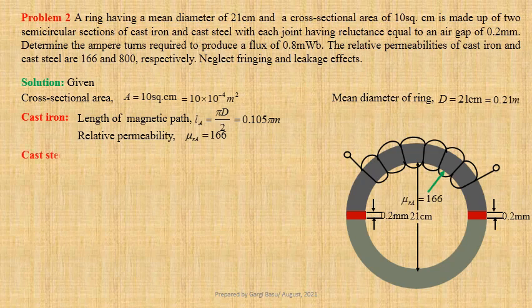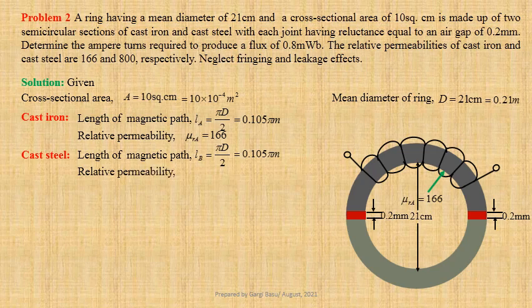For cast steel, given length of the magnetic path LB equals pi times D by 2, that is equal to 0.105 times pi meter. Relative permeability mu R B equals 800.